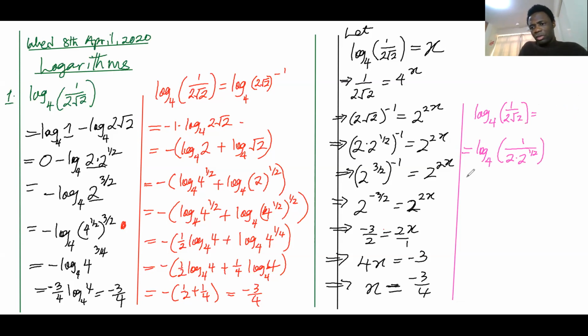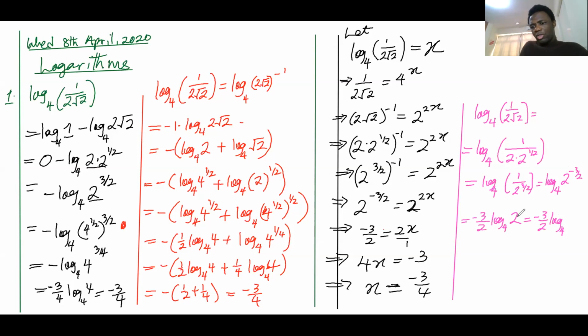So that's log to base 4, 2, 3 over 2, which is log to base 4 to negative 3 over 2. So I can take the negative 3 over 2 to the back. Then minus 3 over 2.